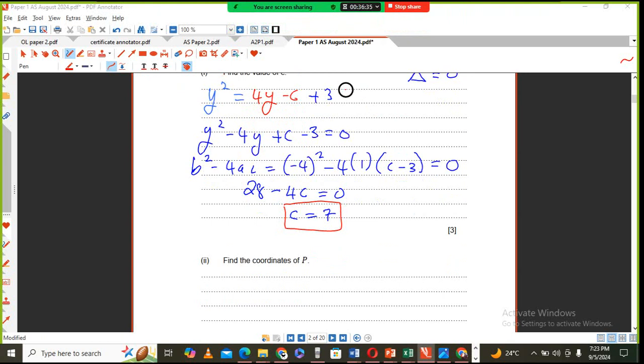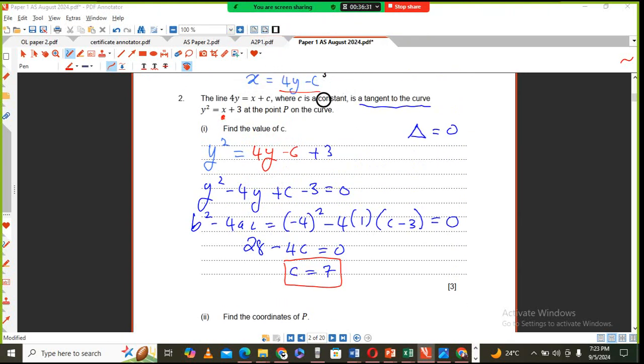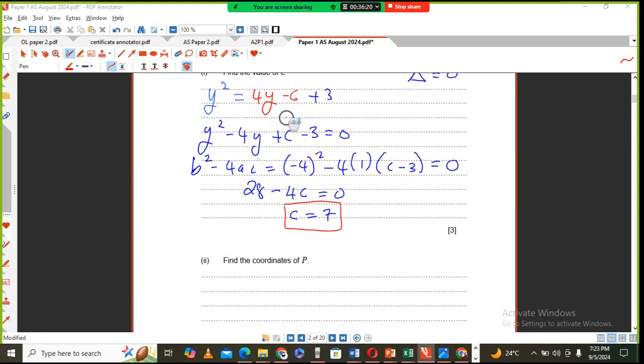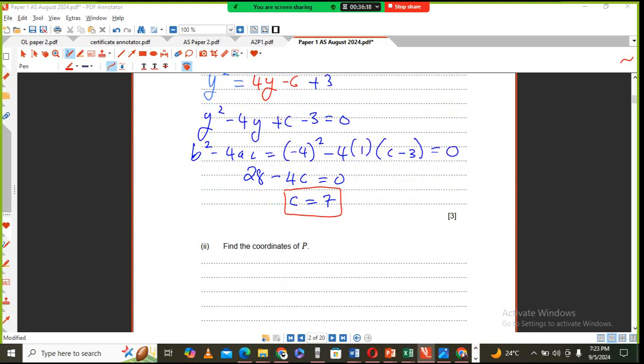Okay, so now the coordinates of P, because the graph says this line and this curve touch. So how do you find that? You use that c equals 7 in y squared minus 4y.